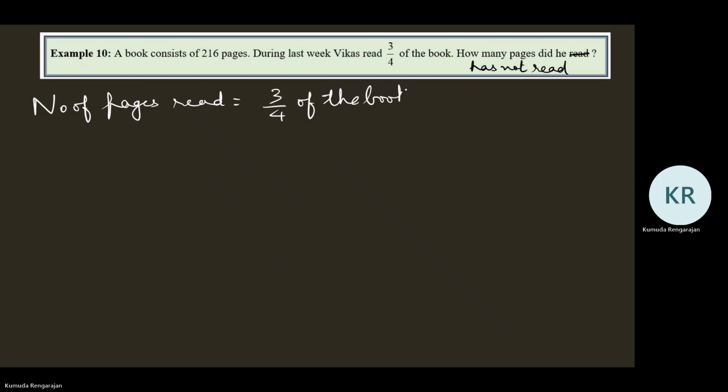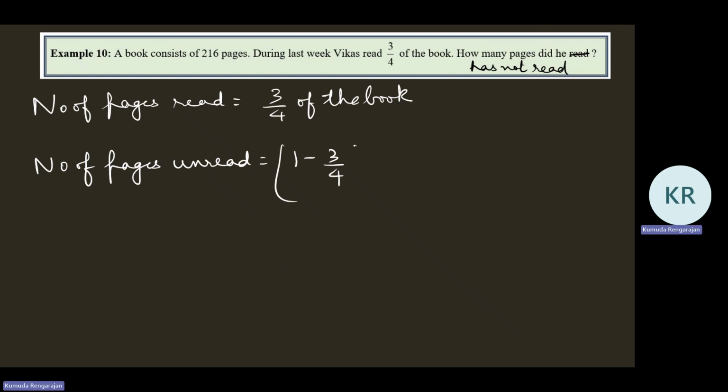Correct? So number of pages not read will be 1 minus 3/4 of the book. 3/4 he has read. That means 1 minus 3/4, because when it's a fraction, the total is 1. So he has not read 1 minus 3/4 of the book.